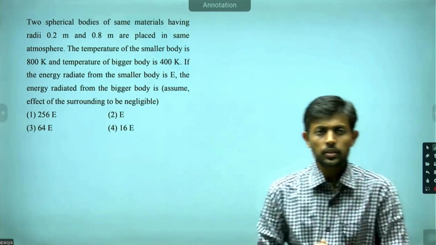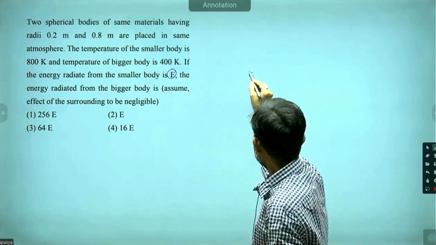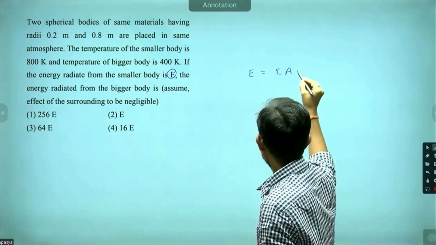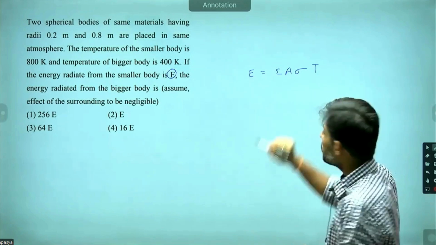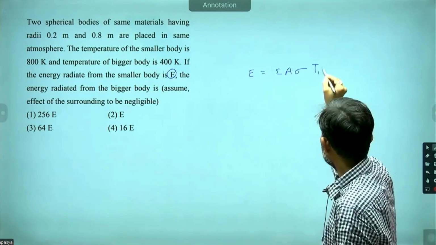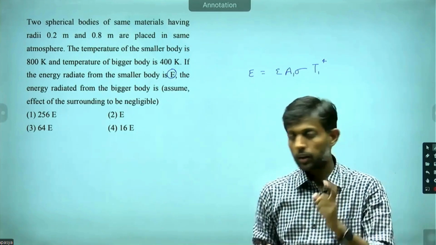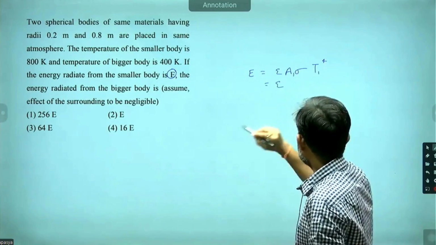If we understand the question, let's write the expression for E. E is emissivity, surface area, Stefan's constant, and the temperature of the smaller body, T1, to the power 4. This area would be, of course, the area of the smaller body, A1. Emissivity is the same, we'll just keep it e.